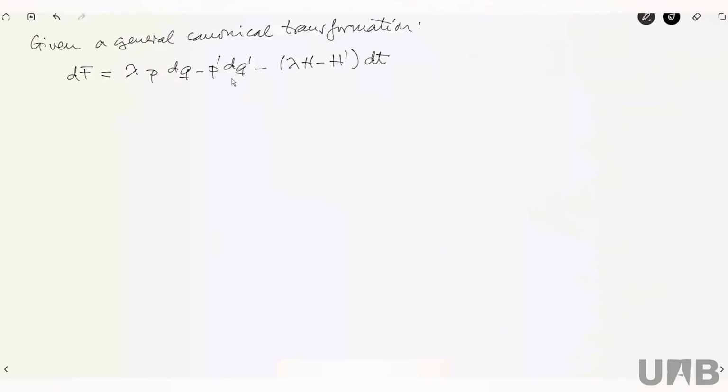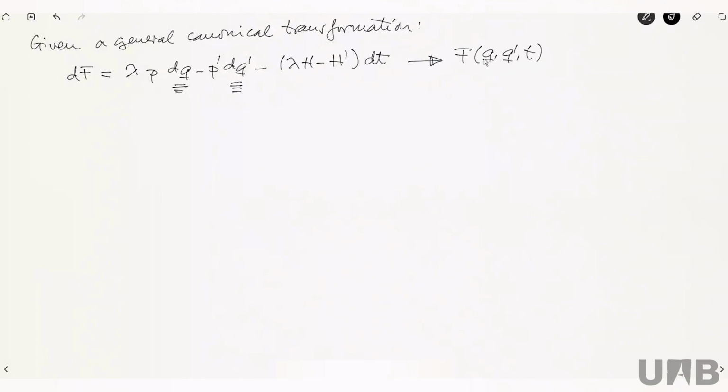So that's the thing. Because this is dq and this is dq prime, this suggests that it is advantageous to write the generating function as a function of these two variables, q and q prime, because that's the way the differential begins to be written. So just dq and dq prime here.